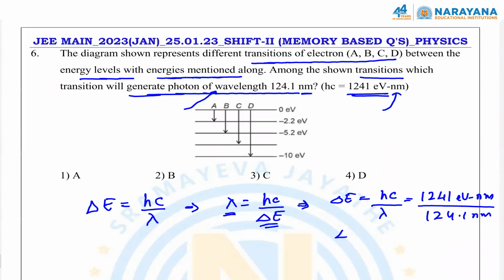So this clearly gives you delta E is equal to 10 electron volt. Now you have to check which transition corresponds to a difference of 10 electron volt. So this is 0, this is minus 10. So the transition from D to ground state. So this one is the answer.